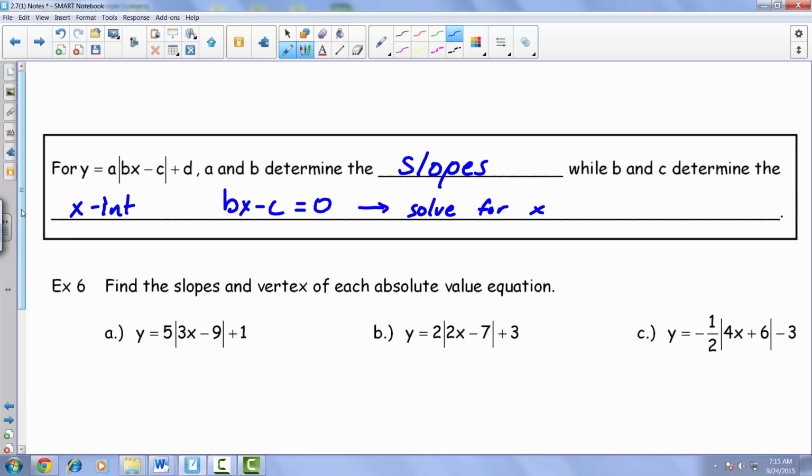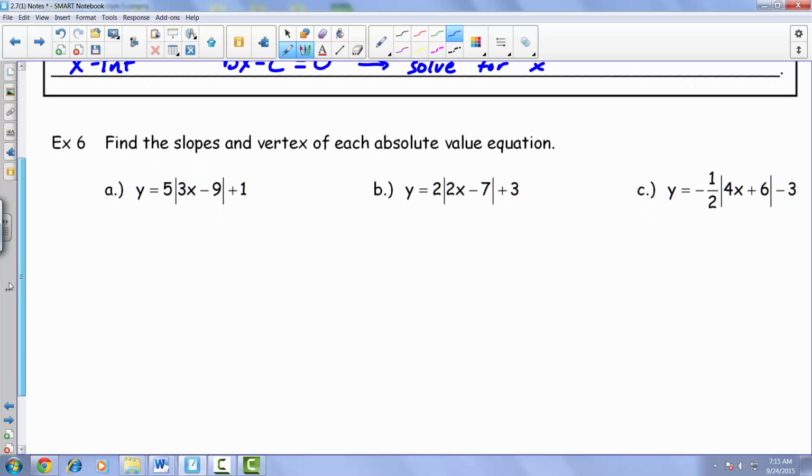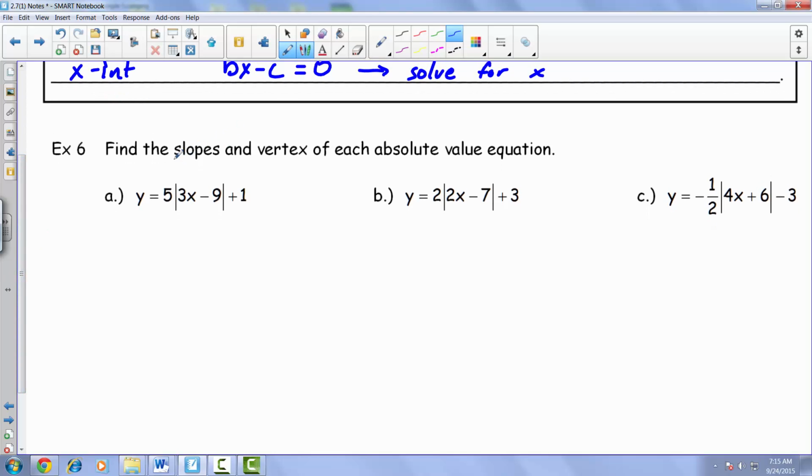So for example, looking at 6a, let's go ahead and find the slopes of this particular item and as well the vertex. Well, to find our slopes, we're taking this number on the outside, this a, and this b, and multiplying those together.